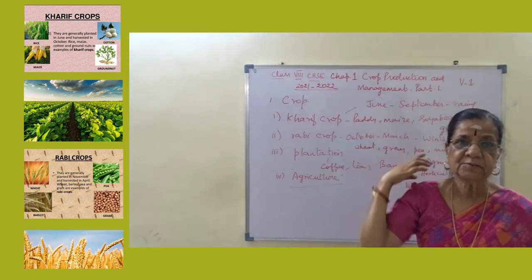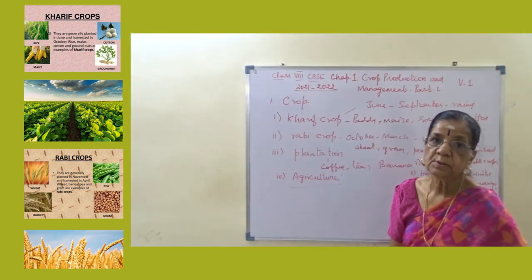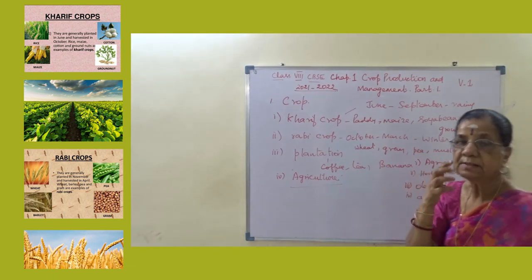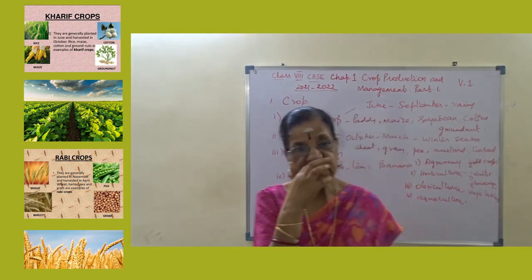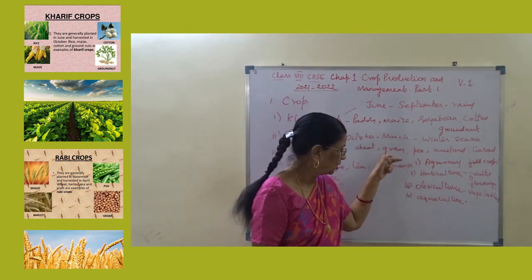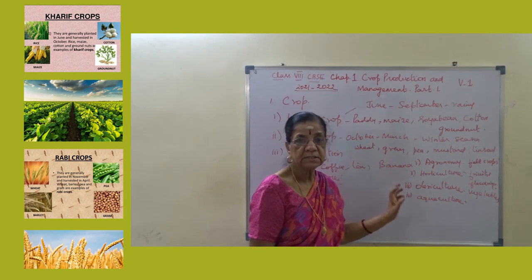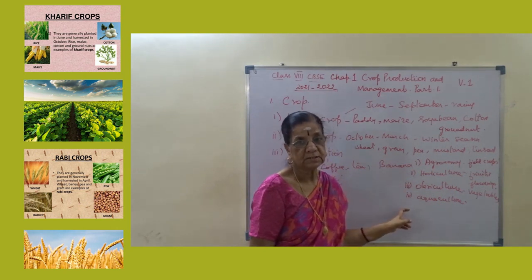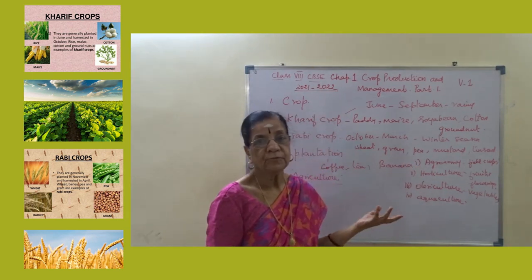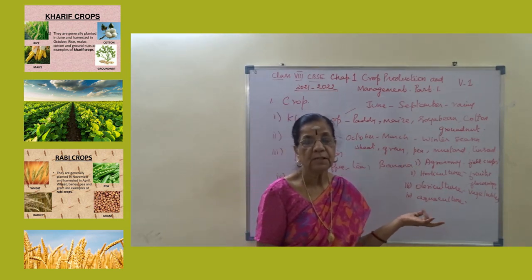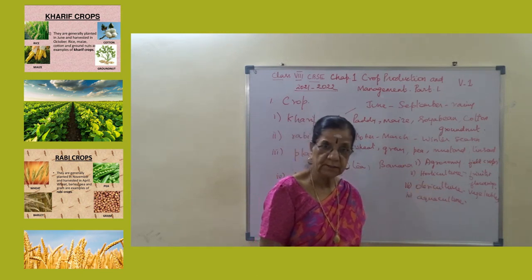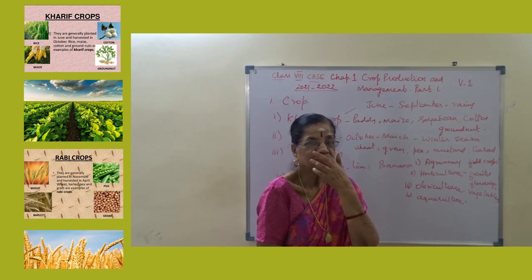We'll just continue. So this, what is it? Agriculture. They are further subdivided into branches as agronomy, horticulture, olericulture and aquaculture. What is agronomy? Cultivation of field crops. Field crops are paddy, wheat, maize, cotton.